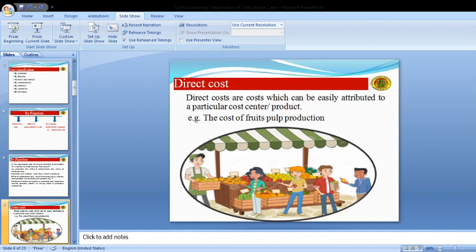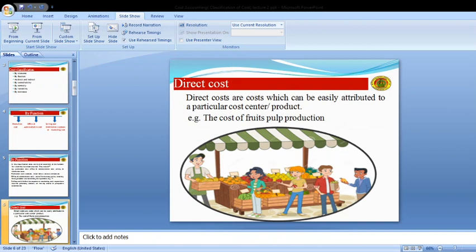That is the cost of fruit going into production of fruit fluff. You can identify it. You know that raw material like mangoes is purchased and you are making mango juice. So the mangoes purchased will be directly charged to production of mango juice.